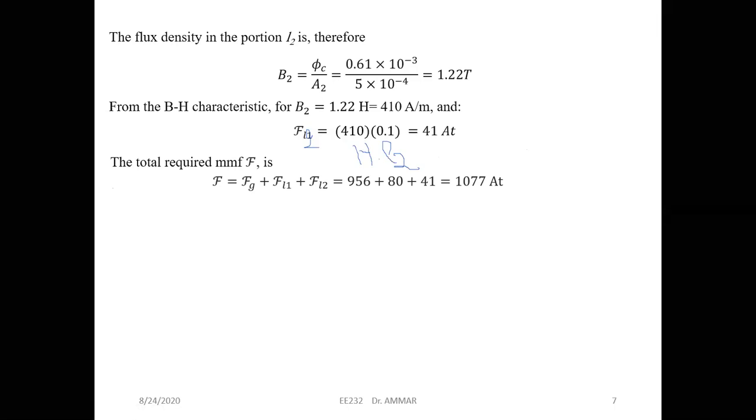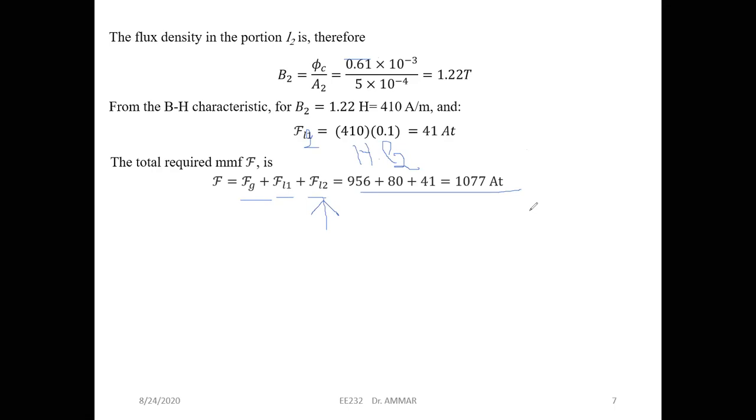We have more than one MMF because those pieces are not identical. We have an air gap, two pieces with the same dimension, and another piece with a different dimension. Concerning L2, I will check why they considered the leakage flux. Maybe because the flux has been created in such part. That's why they take the total flux instead of the linkage flux. Okay, so this is the total MMF.